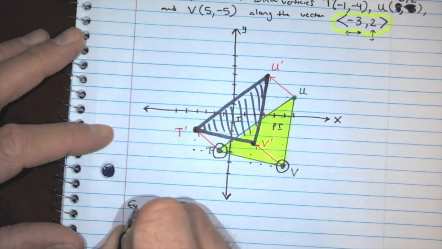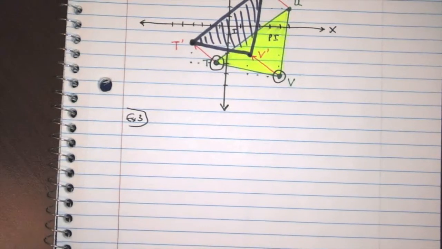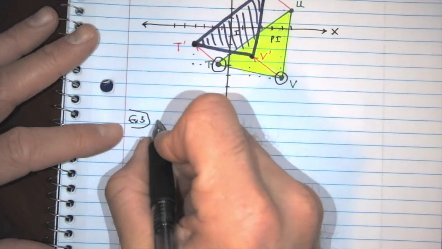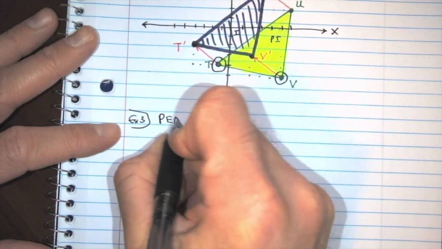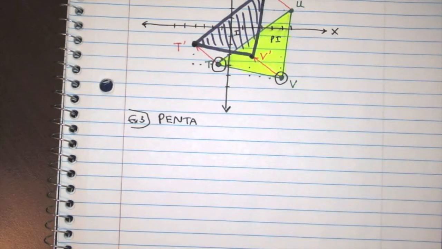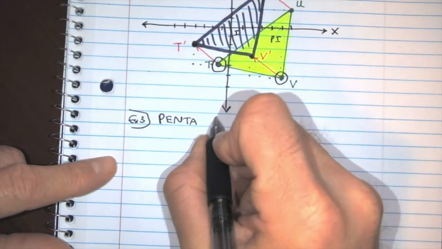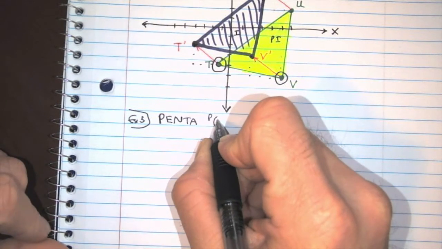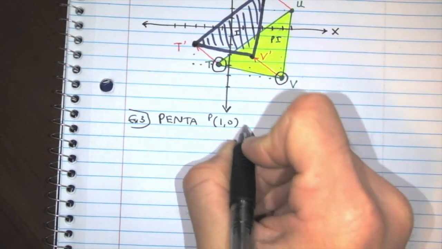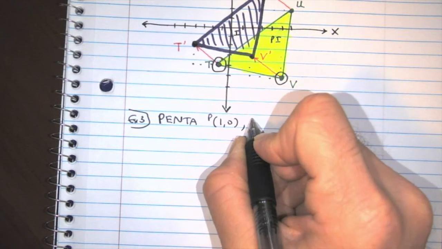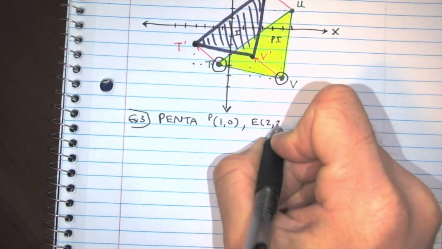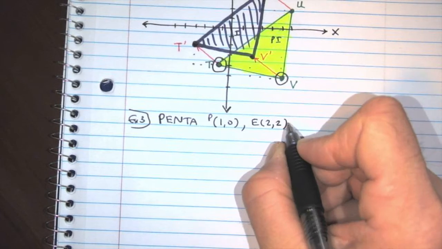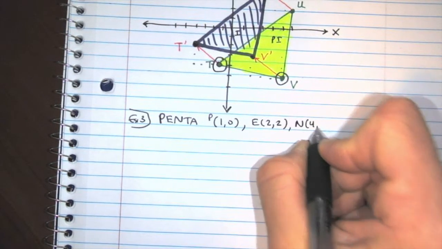Perfect. Example 3. Let's make this the last example, everybody. We're going to graph the figure PENTA, which is going to be a pentagon. P is 1, 0. E is 2, 2. Make sure I get this right this time. N is 4, 1.